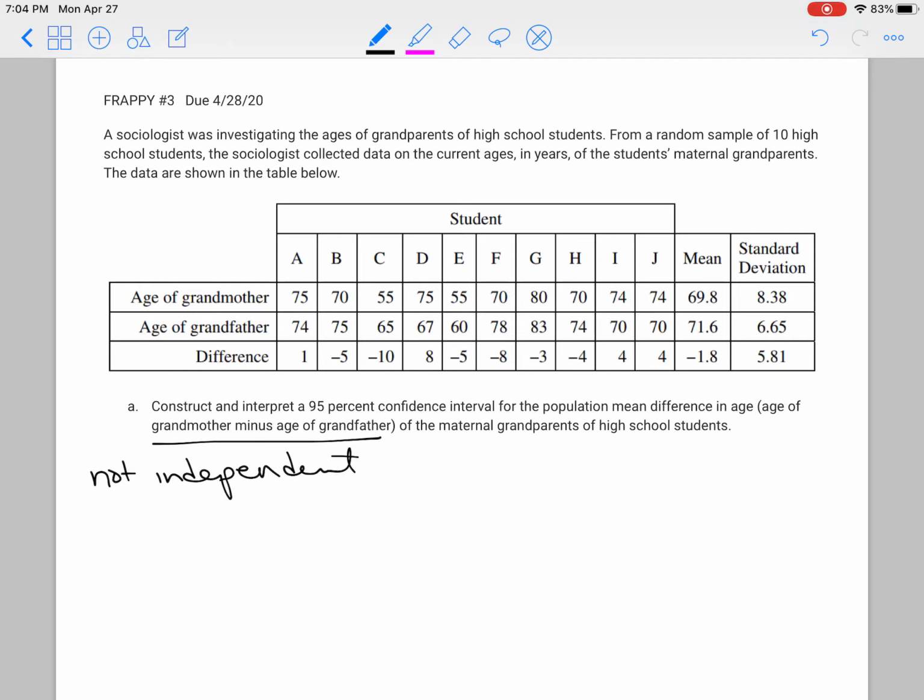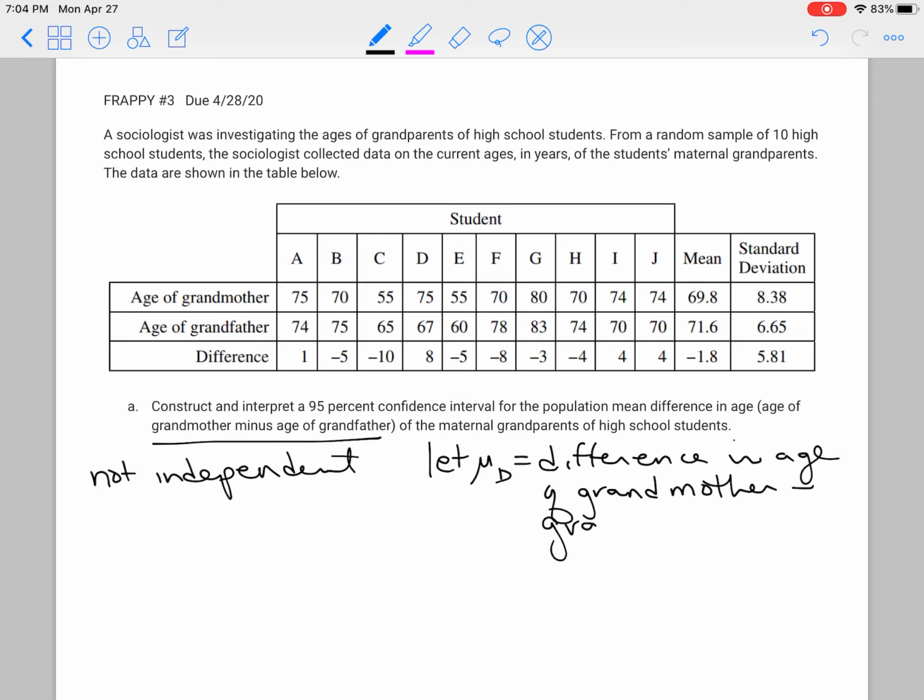So the first thing, let's do our parameters. Let mu of D equal the difference in ages of the grandmother and the grandfather. Okay.